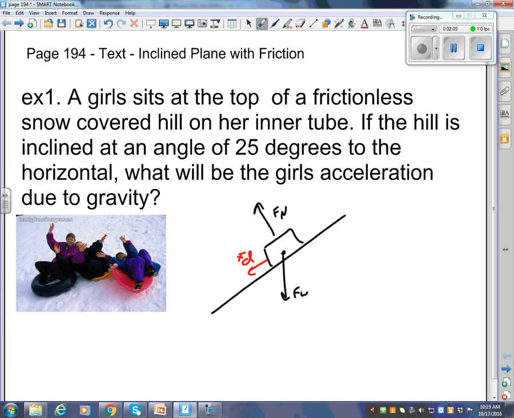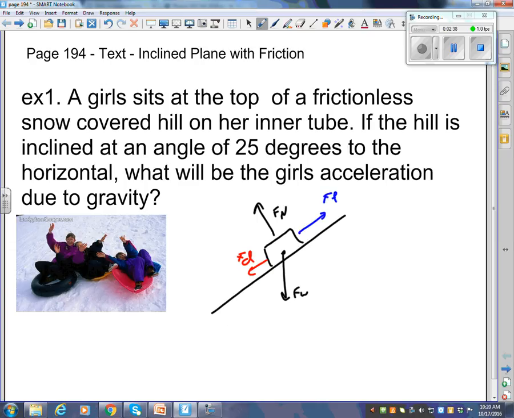Now, are there any other forces present here? The answer is no. If there were friction, it would be where?